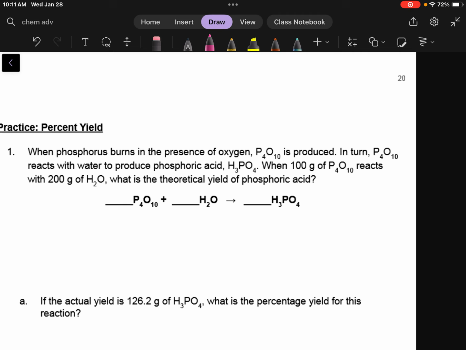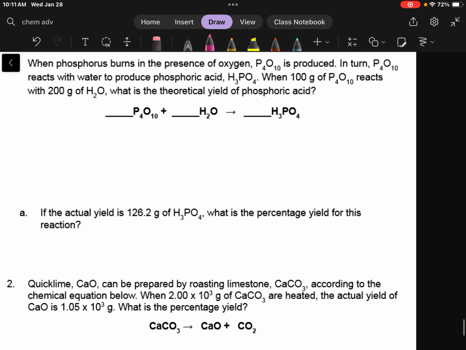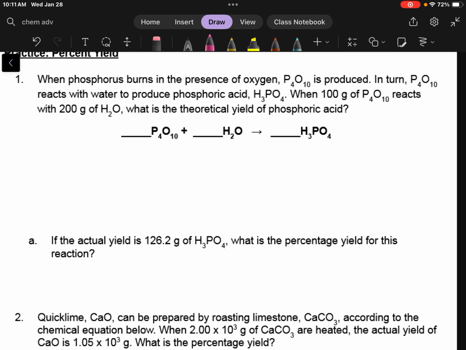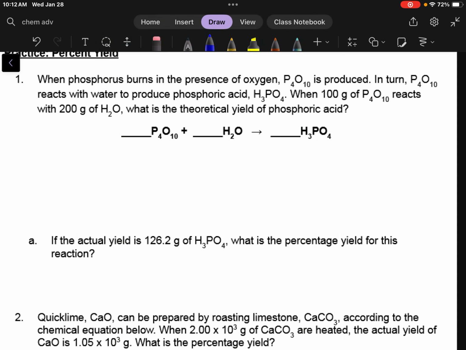This one asks what the theoretical yield is when 100 grams of phosphorus compound reacts. That is actually asking only for theoretical yield. Let's do this one. First, as always, we are going to balance the chemical equation. This is 4 phosphorus, there is 4, so I'm going to multiply this with 4. Now there is 12 hydrogen, so I'm going to multiply with the 6.